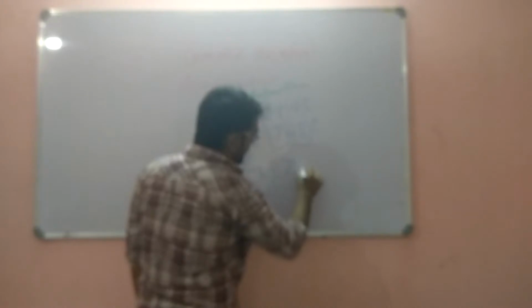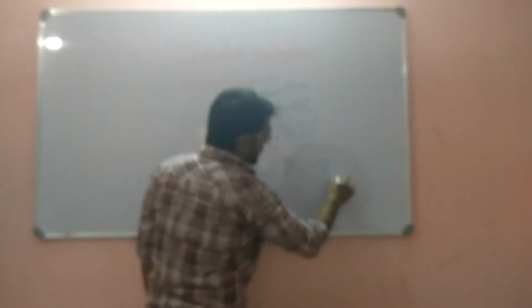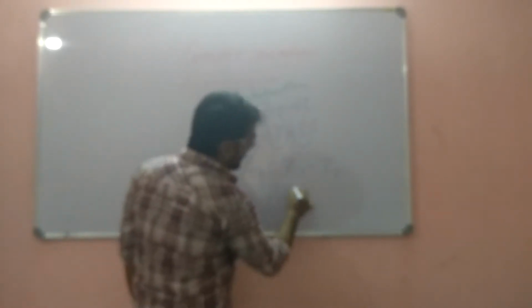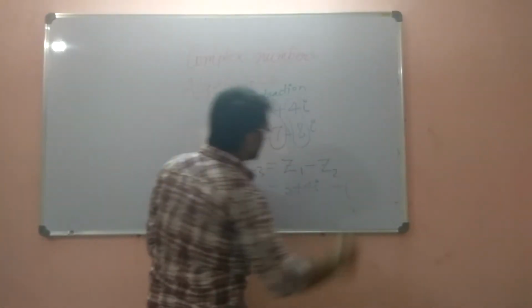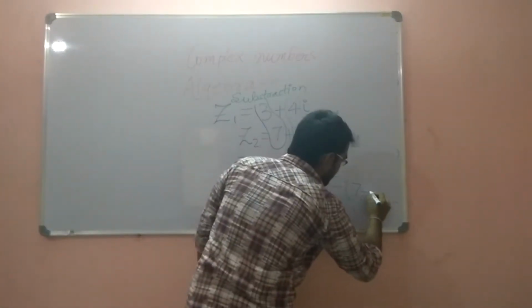Let's suppose the subtracted result is Z3. So Z3 equals Z1 minus Z2. Now Z1 is 3 plus 4 iota, and Z2 is 7 plus 8 iota.